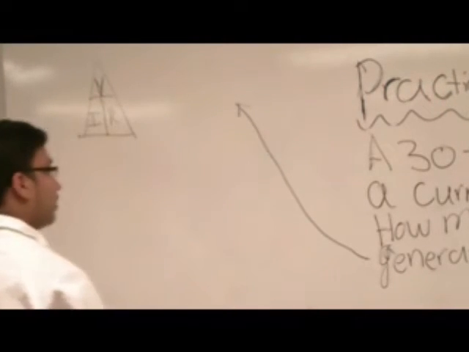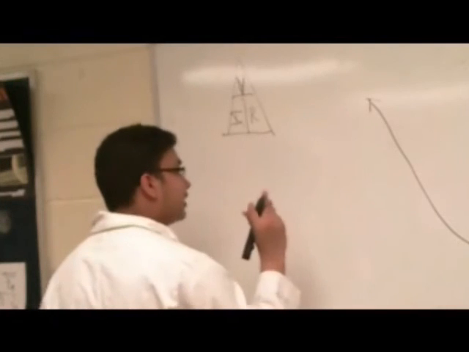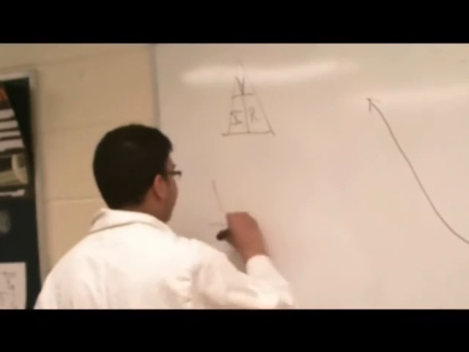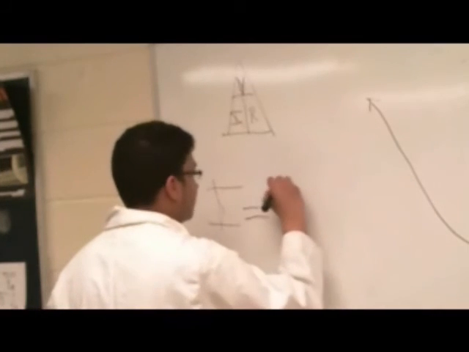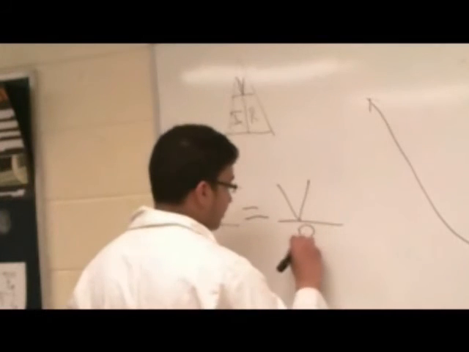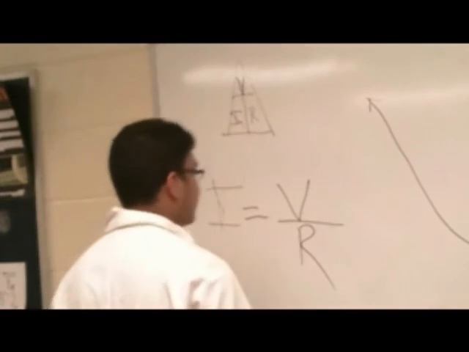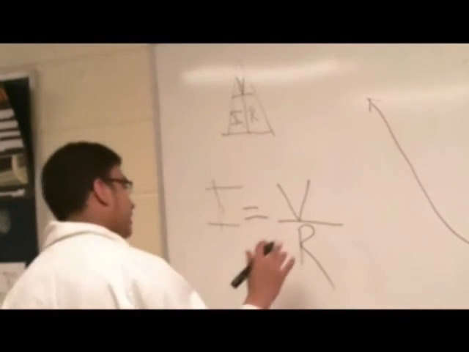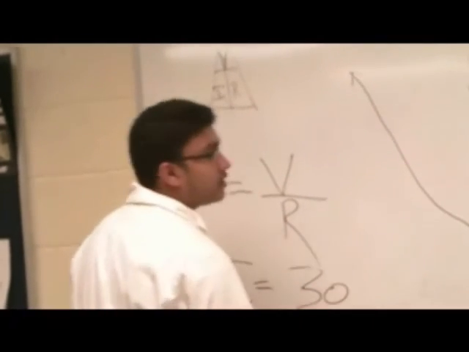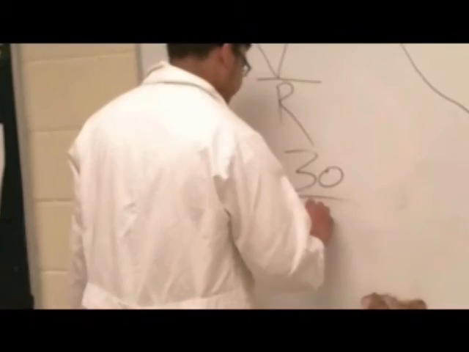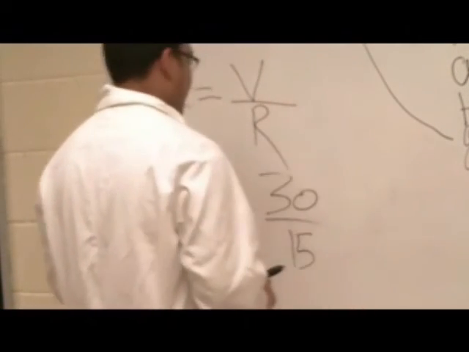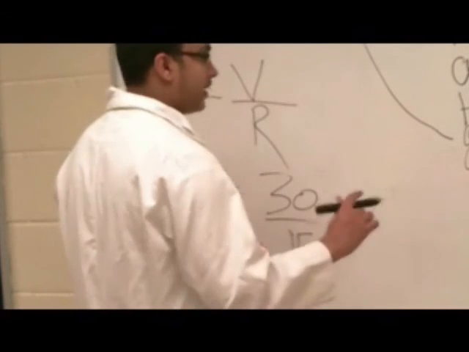The formula to solve for current is I, the current, equals voltage divided by resistance. So here we're substituting V for 30 and R for 15. Through this formula we can find the current.